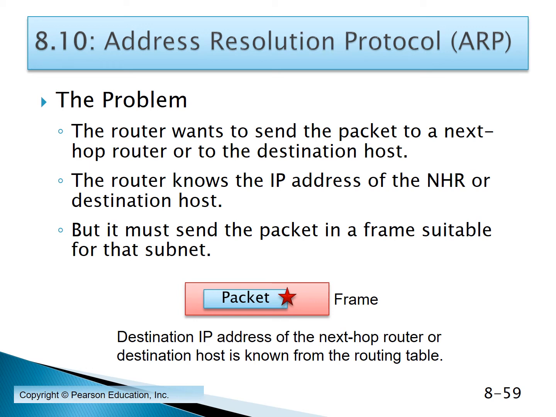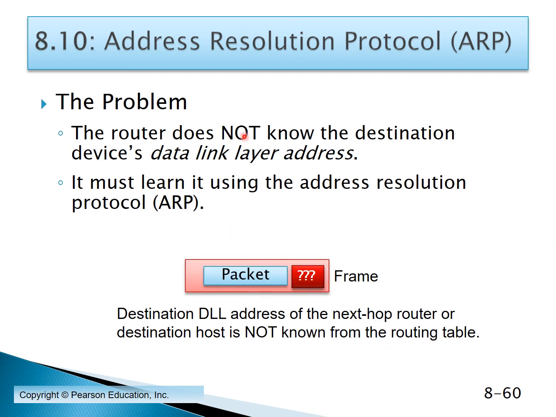So I have to put my packet into a correct frame, but I do not know what frame you want to use for that subnet. The router does not know the destination device's data link layer address, so I must learn that address using the Address Resolution Protocol, ARP.